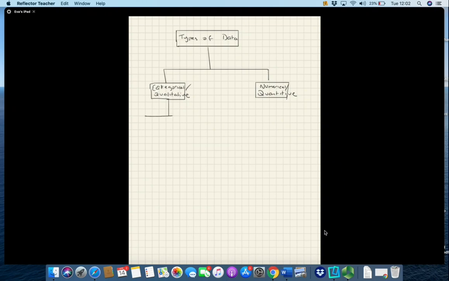And then these break into their two categories.